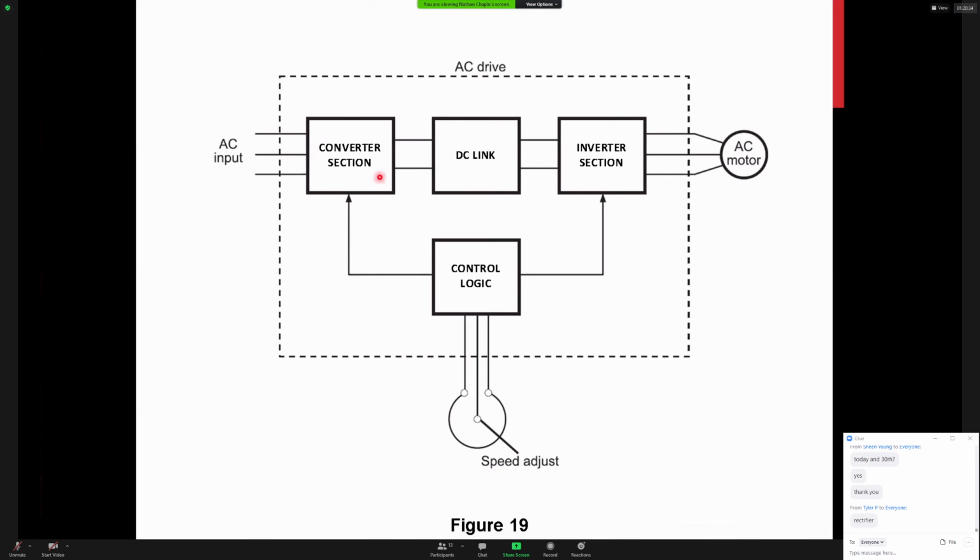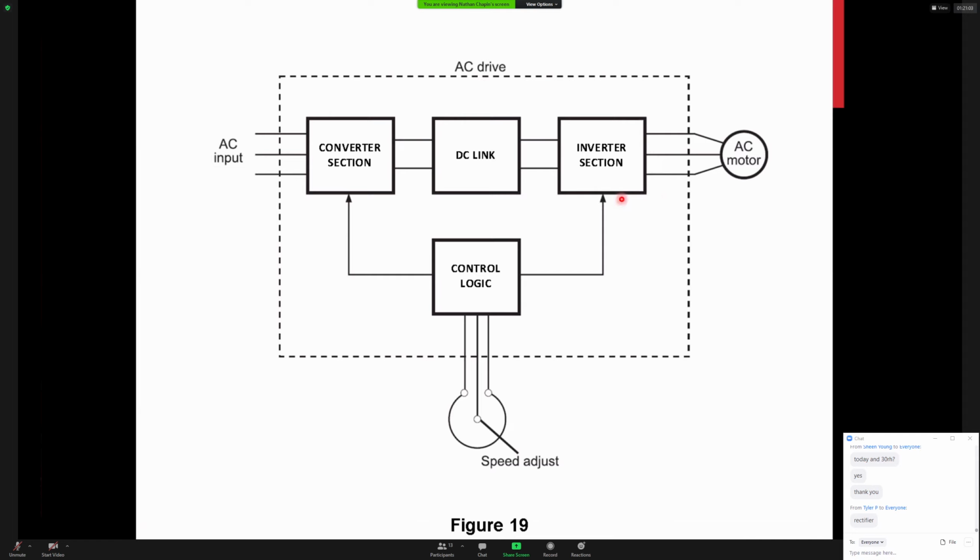The next main component is called the DC link, and the DC link is essentially a filtering section. Inside this DC link, there are going to be capacitors and inductors, and their purpose is to smooth out our pulsating rectified DC before it goes to the inverter section.